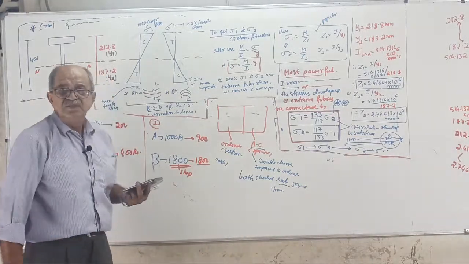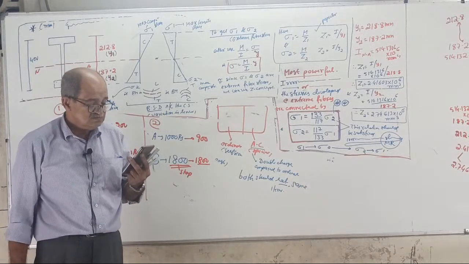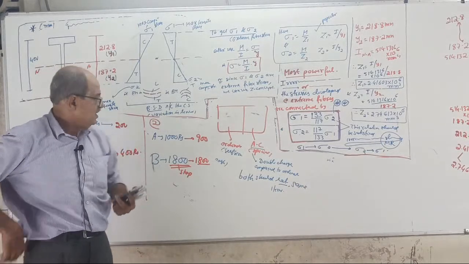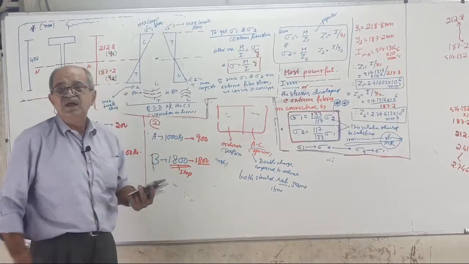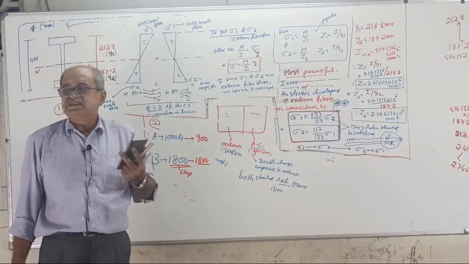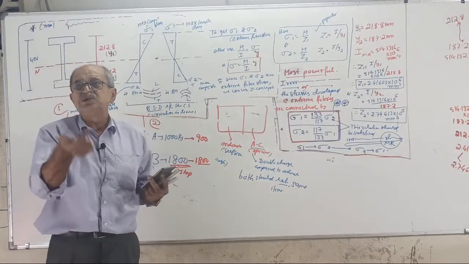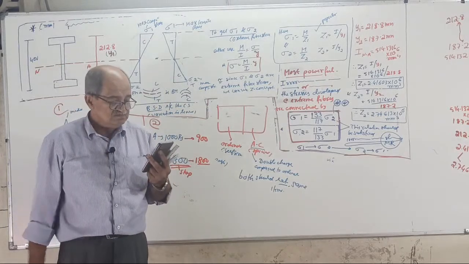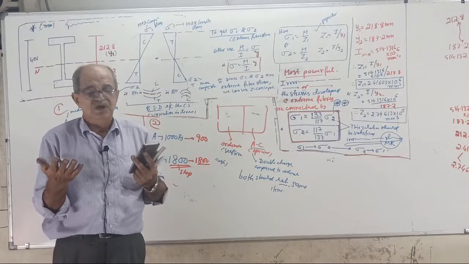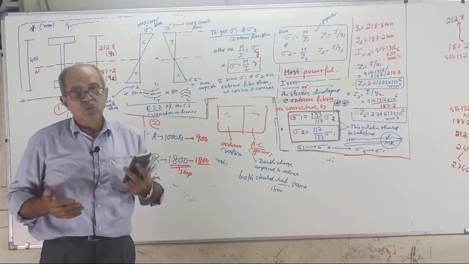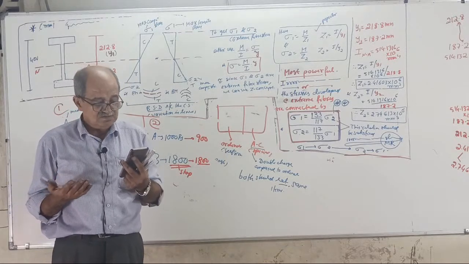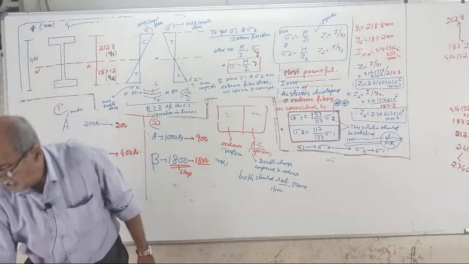Over-reinforced, this one, stress in steel is limited. Concrete is free. That is, there is shortage of steel. After all this example, how did it come to be over-reinforced? It is equivalent to under-reinforced section.